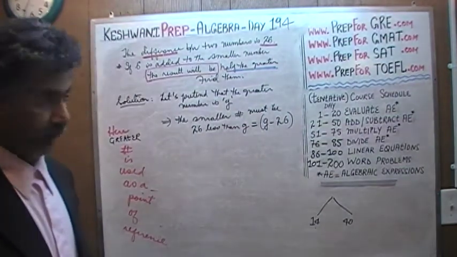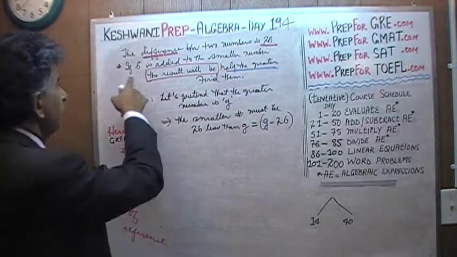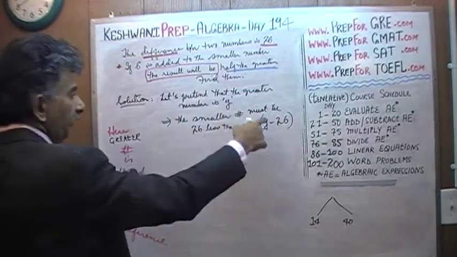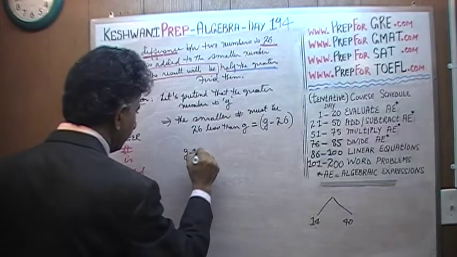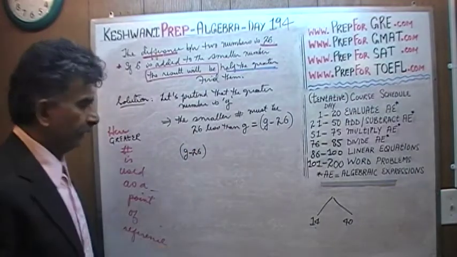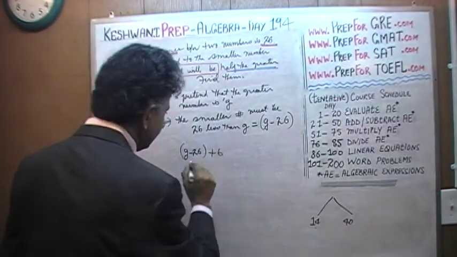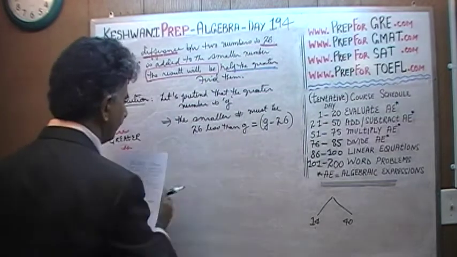And now we set up our equation. Our equation tells us that if we were to add 6 to the small number, this is our small number, G minus 26. So G minus 26, that's the small number. Let's write the equation properly first.